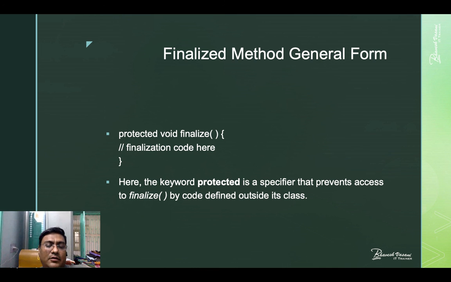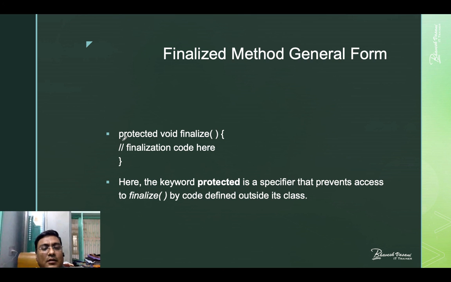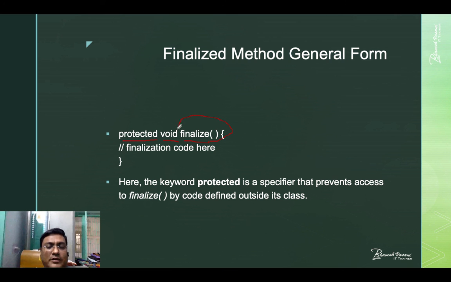So how can we write the finalize method? Here is the general format. I have used the keyword protected, the return type void, and the name of the method is finalize. You always have to use the word finalize because it works as a destructor of an object.